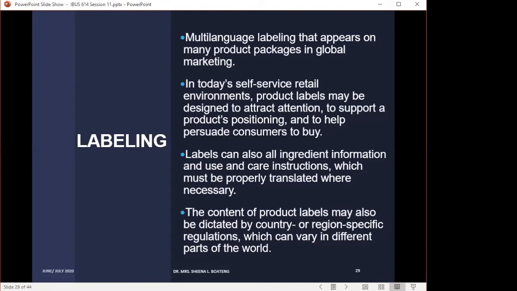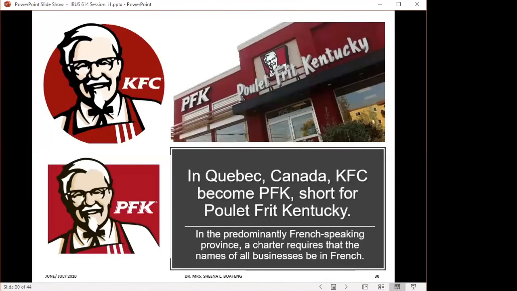For that reason, you have to make sure that the labeling of your products conforms to all the country and region specific regulations, in addition to cultural and language idiosyncrasies, to make sure that the labels are telling people what they need to know to effectively consume the product that you're selling them.